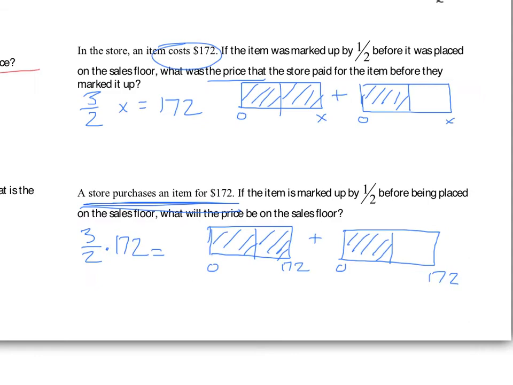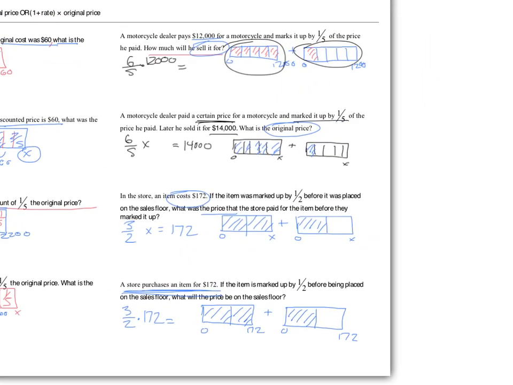So when we look back again, something that we noticed with the markups, it's the same thing as before. We had these two problems where we don't know how much they originally paid for it, and those two problems we end up with our equations.